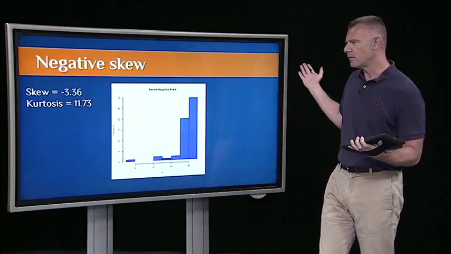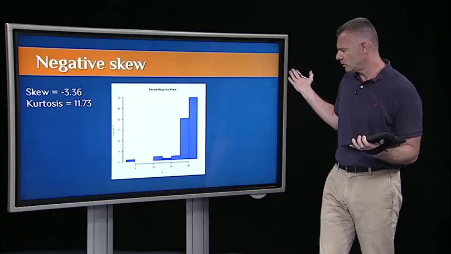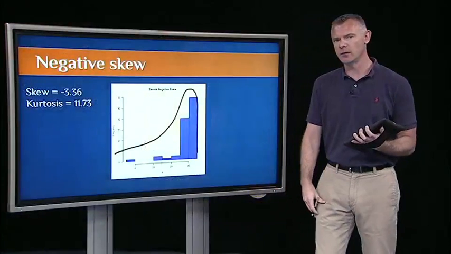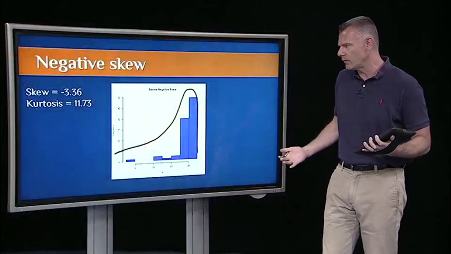Let's do the same thing for a negatively skewed distribution. Now I just have the skew going this way. I have a skew of negative 3.36. Again, it's over that threshold of 3 that makes me worry that maybe this isn't normal enough for me to apply those inferential statistics procedures that we've covered.